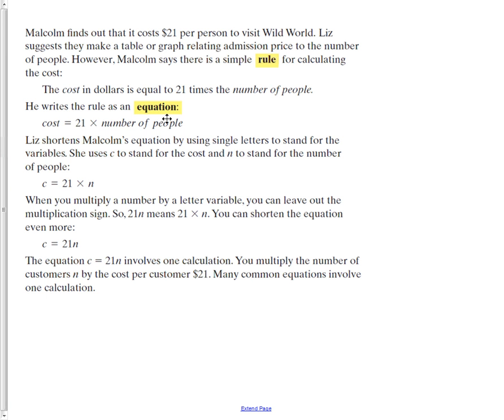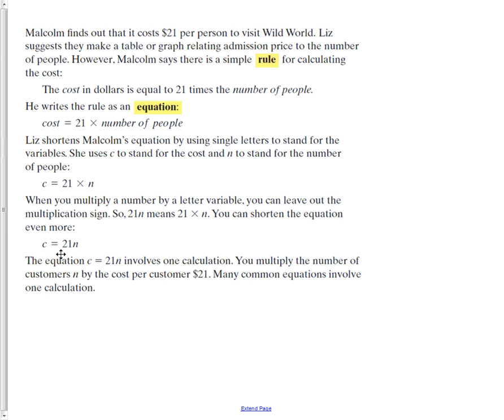Well, he writes that as an equation. An equation is anything with an equal sign. Okay? An equation is anything with an equal sign. Cost is equal to 21 times the number of people. They're going to start to shorten that up even more. Instead of using whole words, they're just going to use letters. C equals 21 times N. And to shorten that up even more, they're going to get rid of that multiplication symbol because I just told you, whenever you have a number right next to a letter, that means multiply.